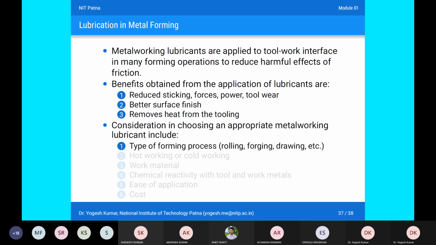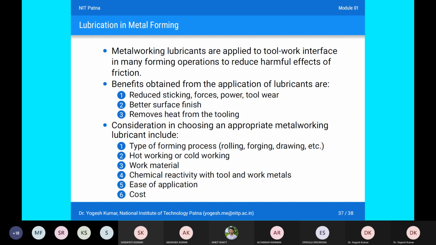First is the type of forming process, whether hot working or cold working, then work material properties, chemical reactivity between the tool and your work material, ease of application, and lastly, obviously, the cost factor, which lubricant is easily available or less costly.